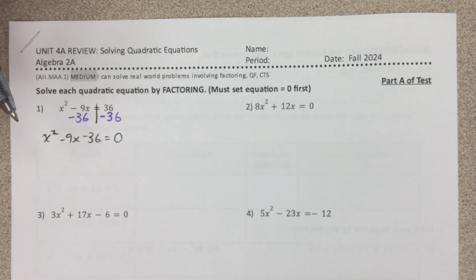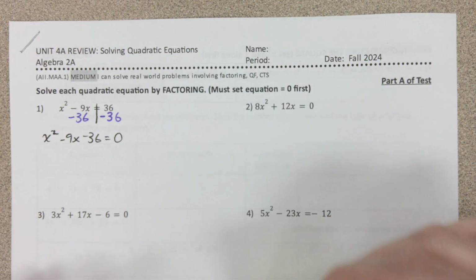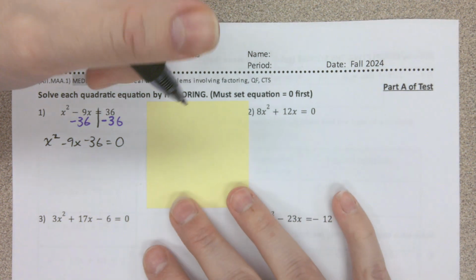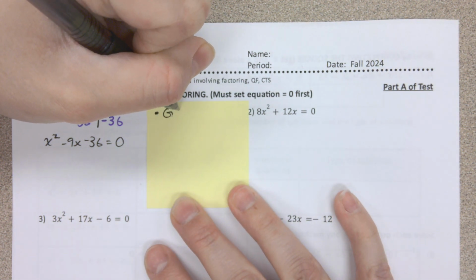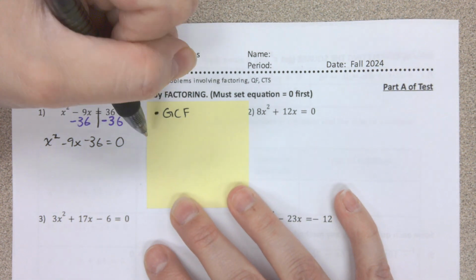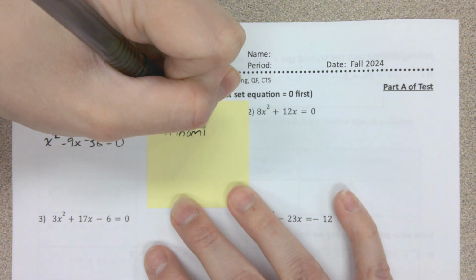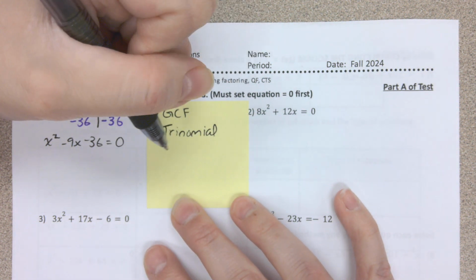From here, we're going to factor. And before I tell you how we're going to factor, let's refresh your memory on the 4 types of factoring problems. There's GCF, greatest common factor, trinomial, and there's 2 types of trinomial.